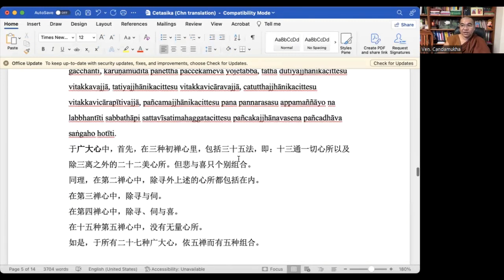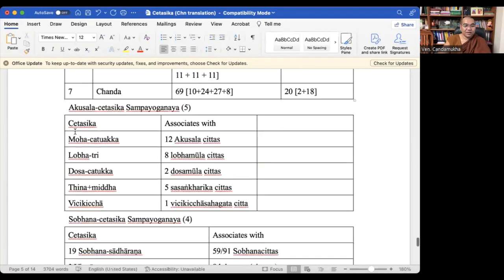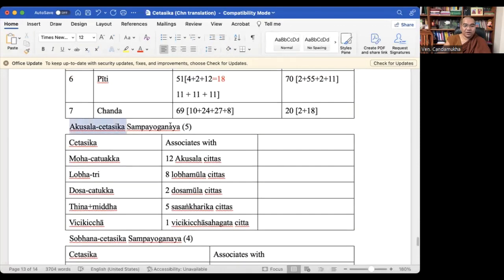Let's go to the chart. Here, akusala cetasika sampayoga naya, there are five methods. Number 1, the moha group.